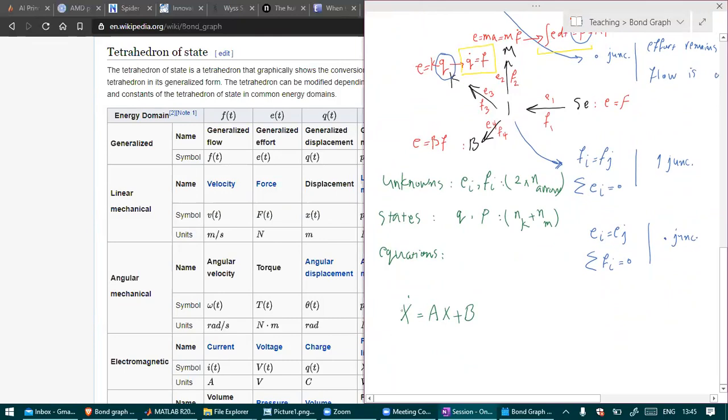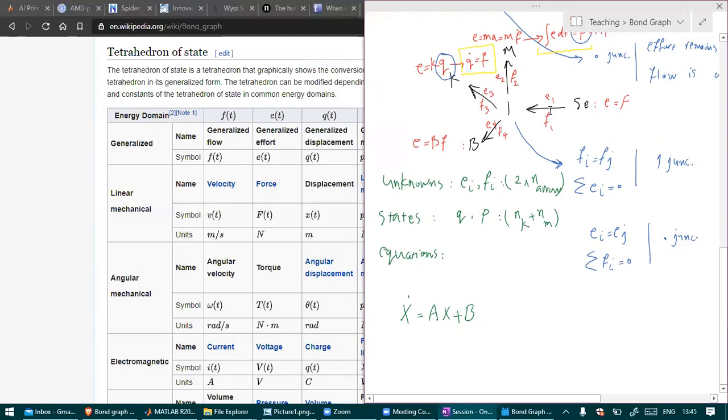Hey, sorry. Just wanted to clarify, when you say number of unknowns equals 2 times number of arrows, can you explain a little bit more? Sure. When we write the equations of motion for the system, you're going to understand why. Basically, we are talking about the flow of power in the system.